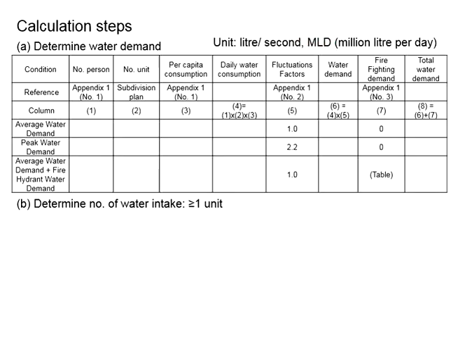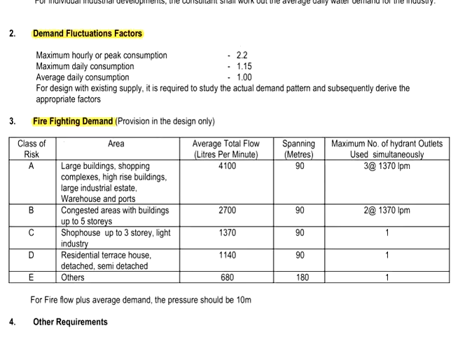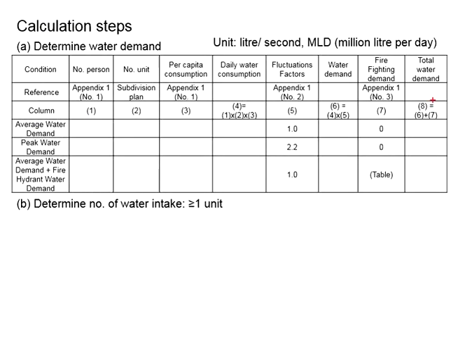Assuming now you are quantifying the total water demand here in million liters per day, most likely you will need to convert whichever values obtained here for the fire flow on the basis of liters per minute into million liters per day.